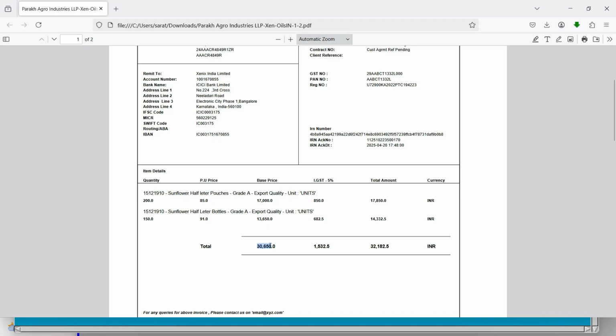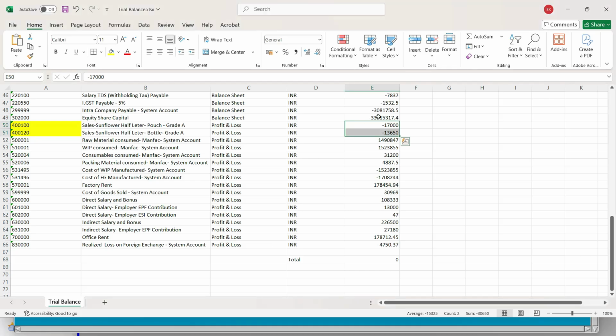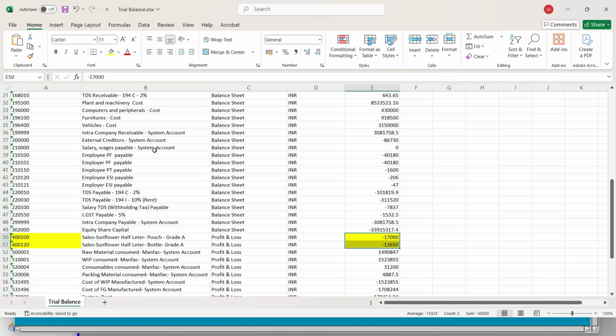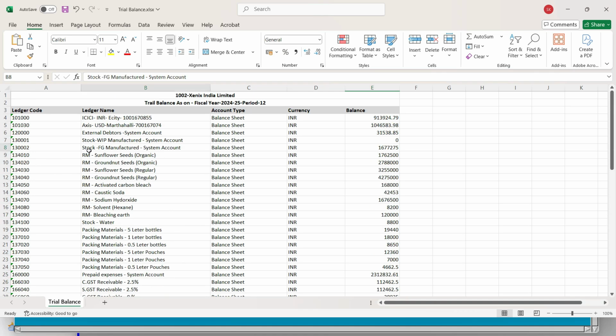So the moment you record the sale, automatically it gets posted to the trial balance. AIS not only does this, when this is a sale of materials, so if you are a trading entity, when you buy the goods, you hold these goods in your balance sheet GLs as stock.